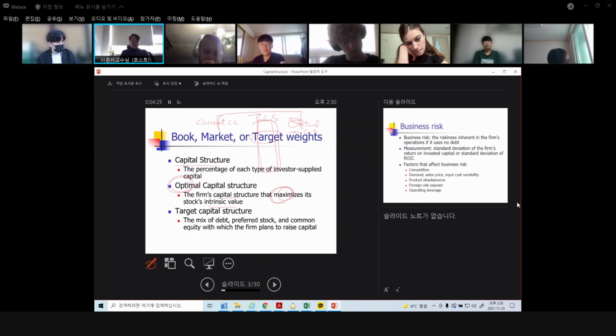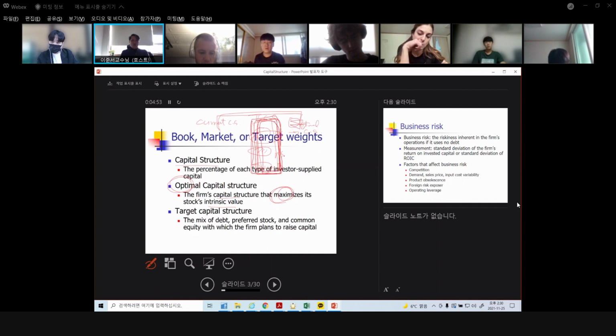From the current capital structure to the optimal capital structure, if you raise new funds, what percent of the new funds can be raised by common stock? What percent should be raised by preferred stock? What percent should be raised by using bonds? That's the target capital structure. This is essential.